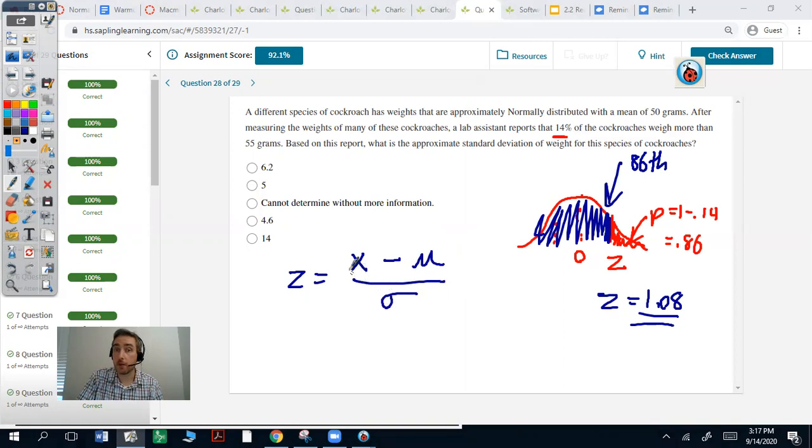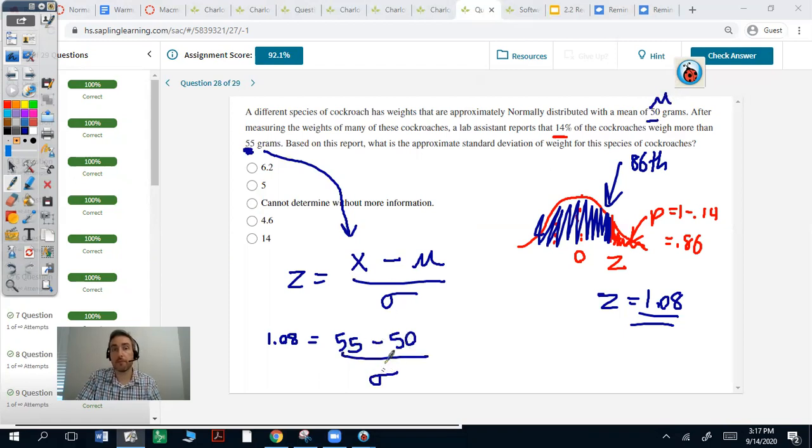Well, we know the value is 55. That's your x value. Mean is 50. We just don't know the standard deviation.